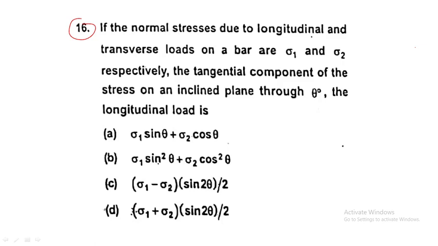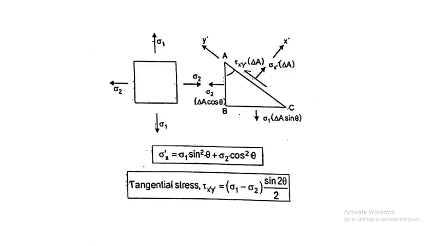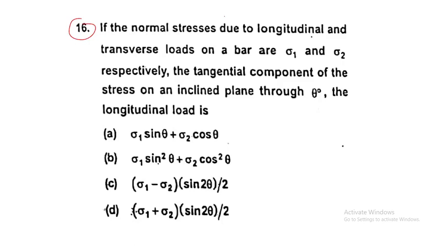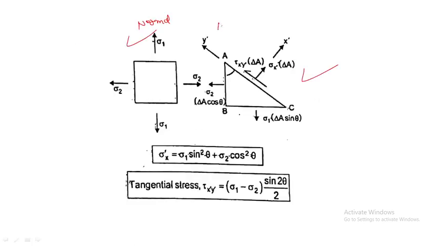So how can we calculate the tangential stress? This was taken in the previous question only. This is the normal condition and this is the inclined condition, or we can say tangential condition or inclined plane.